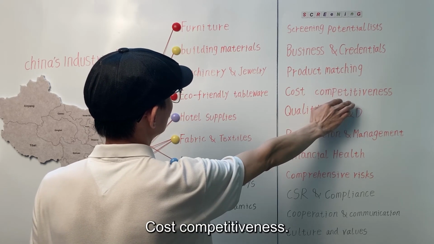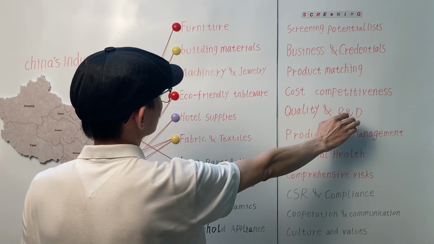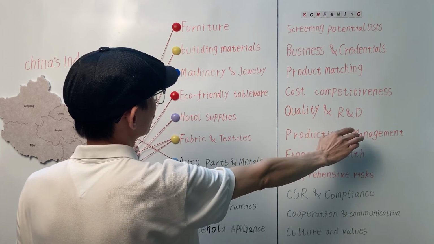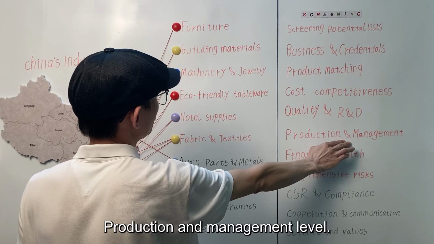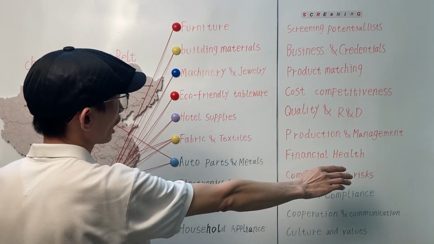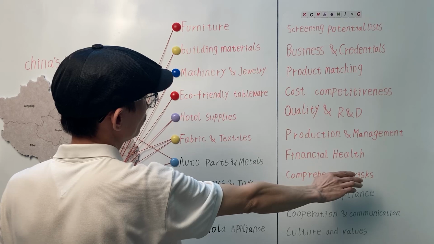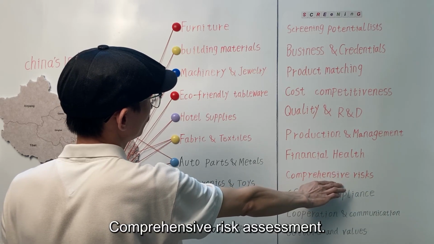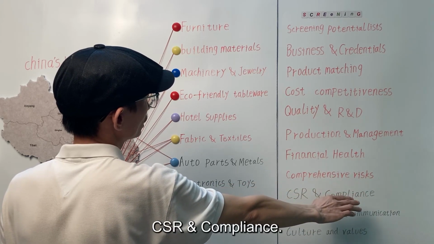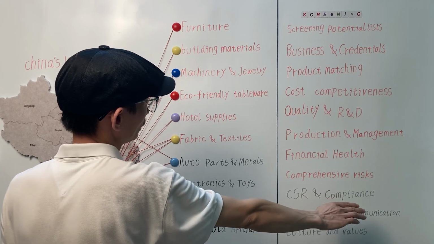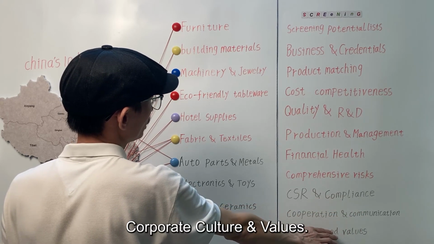Cost competitiveness. Quality and R&D capability. Production and management level. Financial health. Comprehensive risk assessment. CSR and compliance. Corporate culture and values.